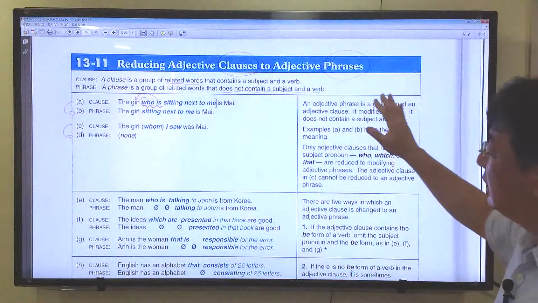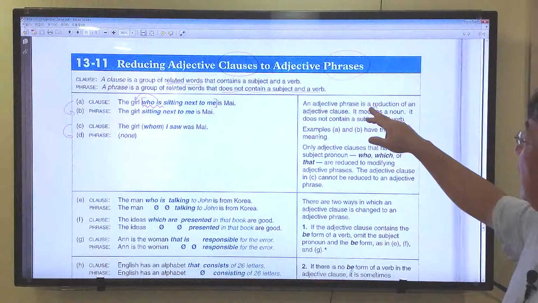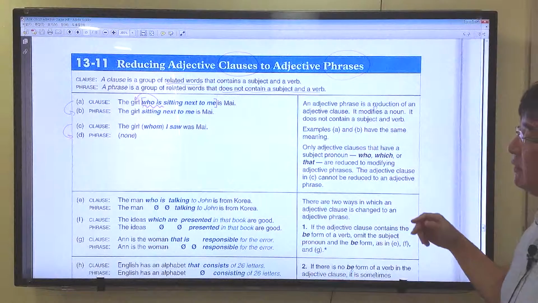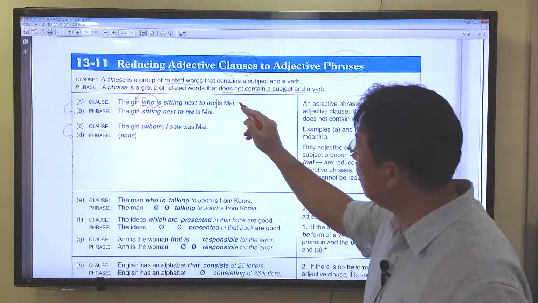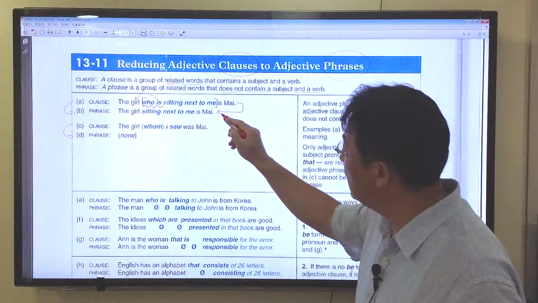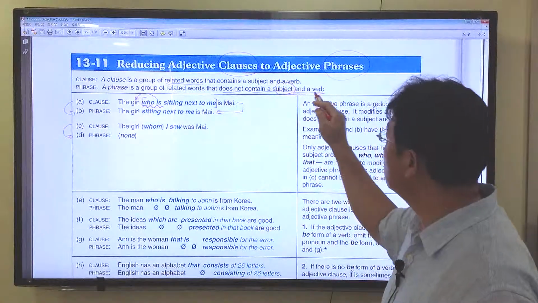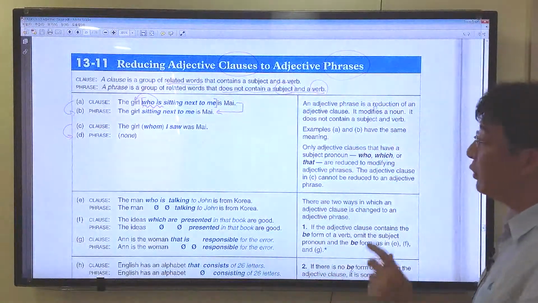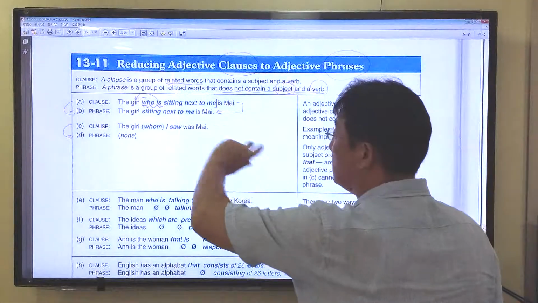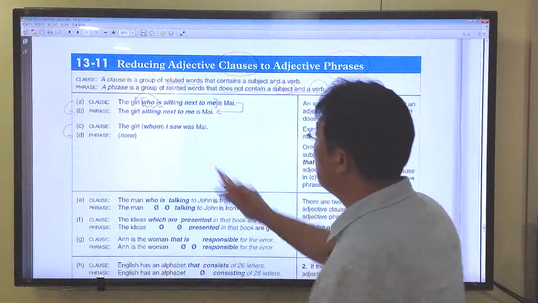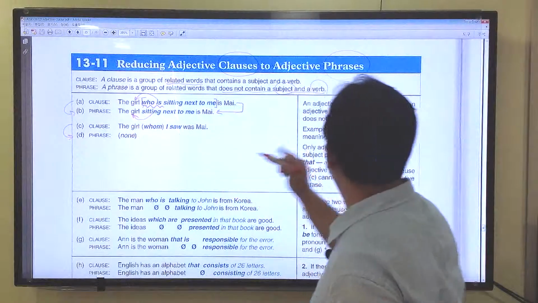자, 보겠습니다. The adjective phrase is a reduction of an adjective clause. 당연히 clause에서 phrase로 왔을 때 뭔가 빠지는 게 있는데 뭐겠습니까? 주어하고 동사겠죠. Still, those two parts don't matter whether it's a clause or a phrase modifying the noun. noun을 꾸미는 건 똑같죠.